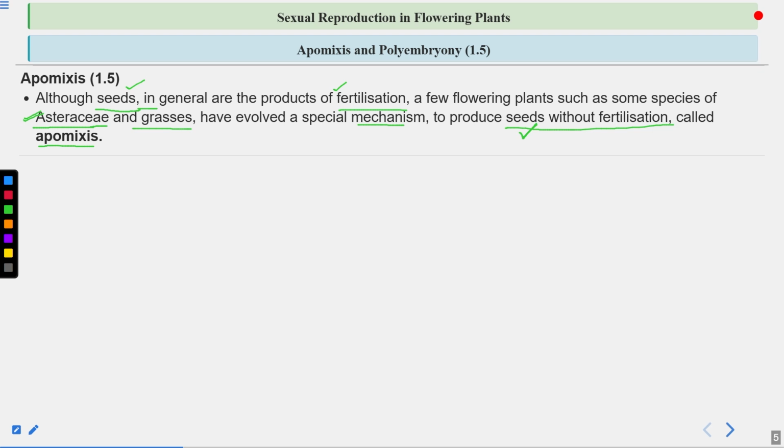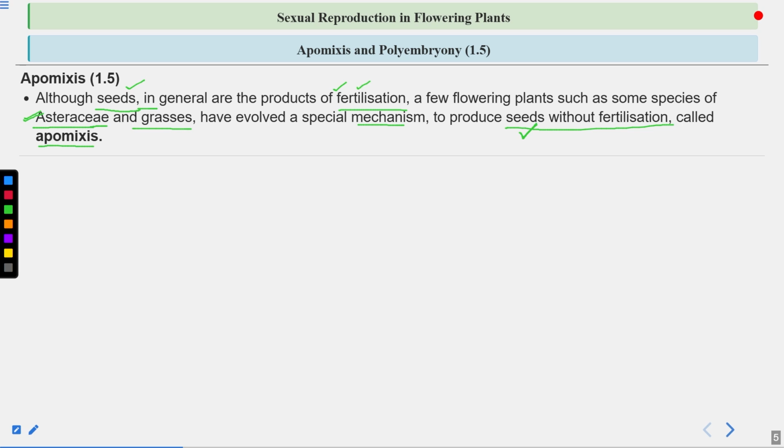So apomixis is derived from two Greek words. It is derived from two Greek words: apo. What is the meaning of apo? Away from. Apo means away from, and mixis means the act of mixing or mingling. So what is mixis in general fertilization?